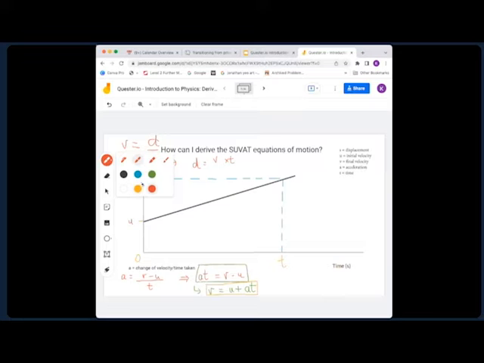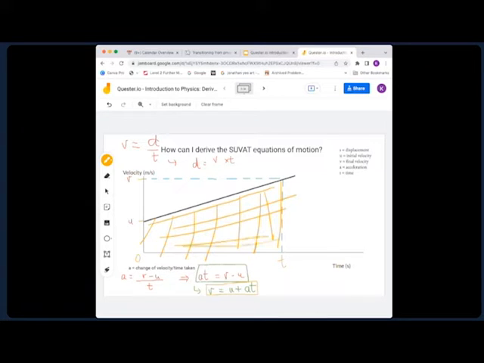Now, can anyone in the chat tell me what the area underneath this graph represents in a velocity time graph? Okay, I'm seeing displacement, I'm seeing distance traveled. So the area on this graph is displacement.